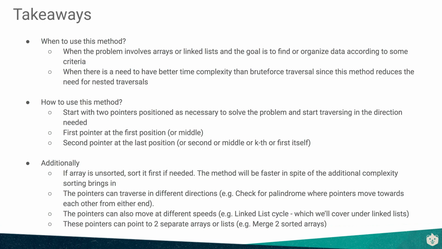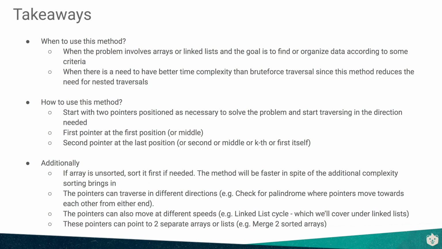And it is also useful to reduce the time complexity compared to the brute force method. By using two pointers, you are actually trying to eliminate one of the inner for loops. That's when you actually use this method, when you want to optimize or you want to traverse through an array and achieve a particular task.